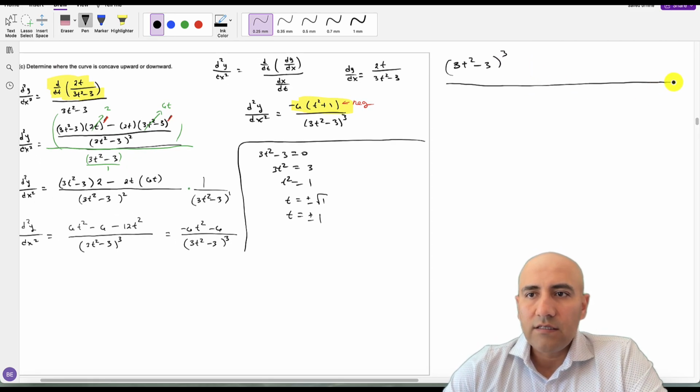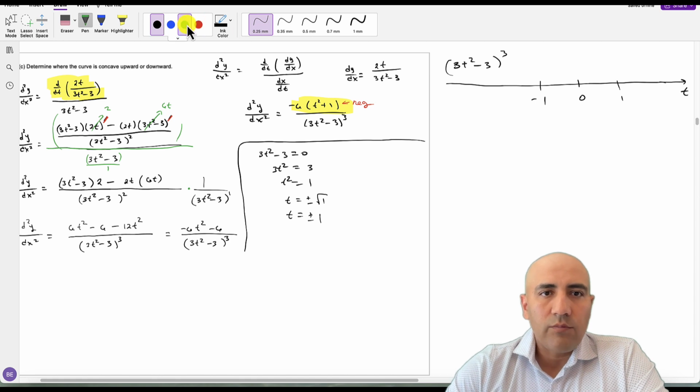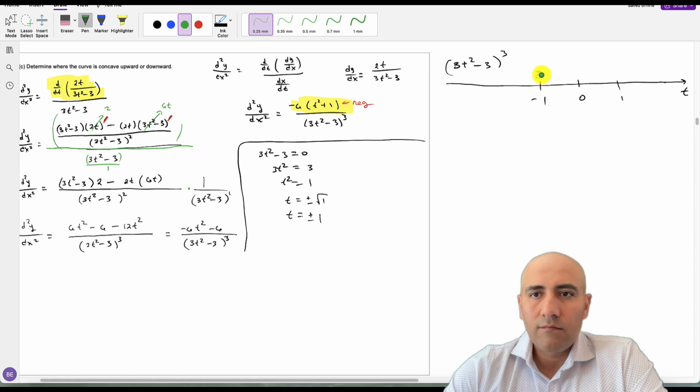And this is the t-axis. So I know I'm going to have a 0 here, a 1 there, a minus 1 here. I know I get zeros at these points.